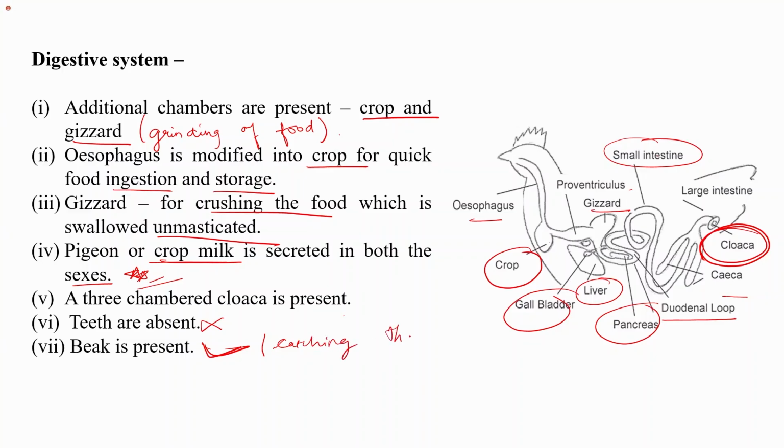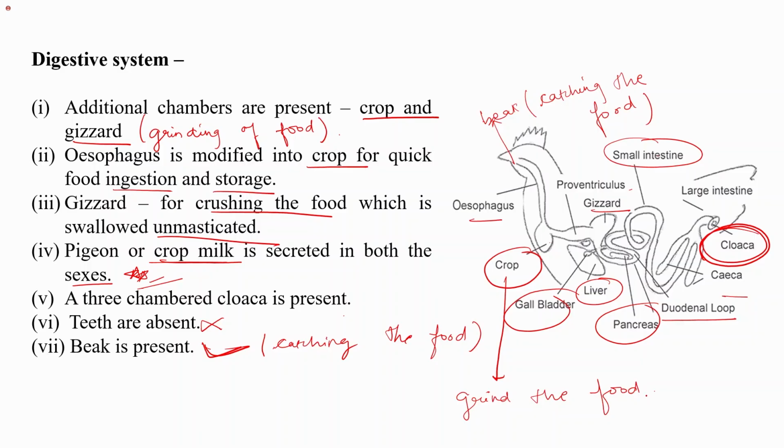So this beak helps in catching the food. The function of the gizzard is to crush the food.